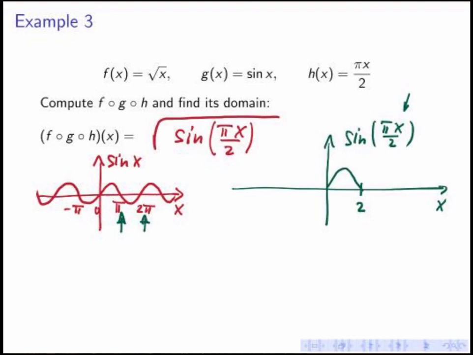Now the next point where it is 0 is 2 pi, which corresponds to x equal to 4. So I indicate a 4 here, and then of course it continues with 6 here, minus 2, minus 4, minus 6, etc. Right? So this new function, sine pi x divided by 2, looks like this.